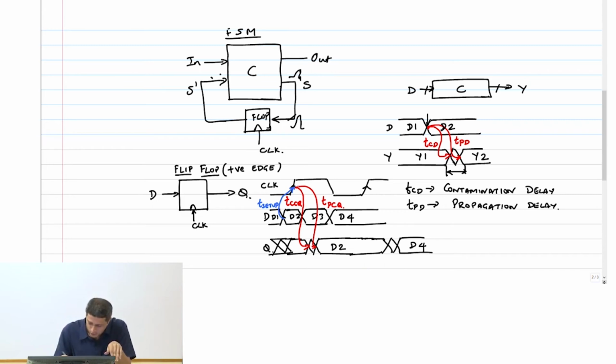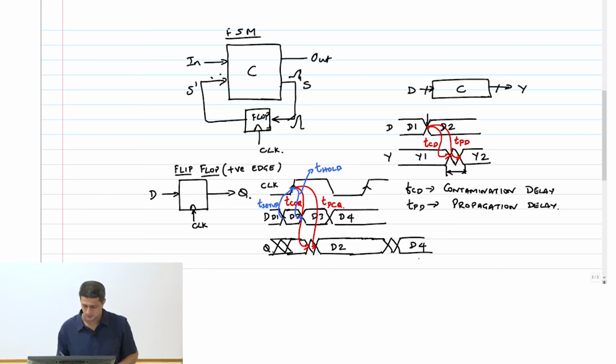This is what we call T hold. The data has to be held after the clock edge so that the data can be captured correctly. Again, the origin of setup and hold time is very different and we will look at all of that later.